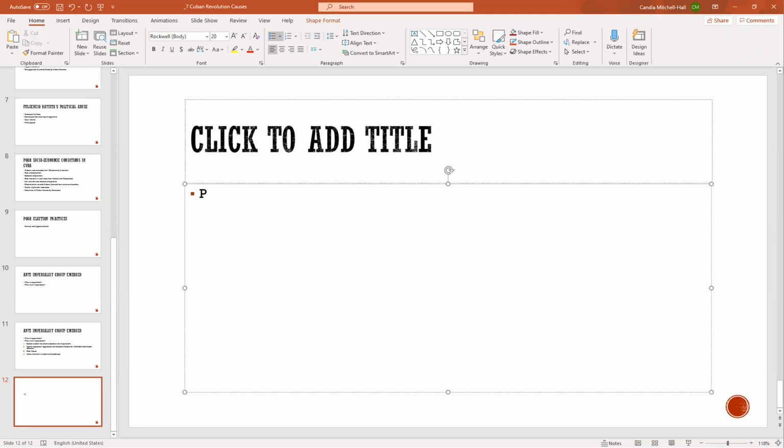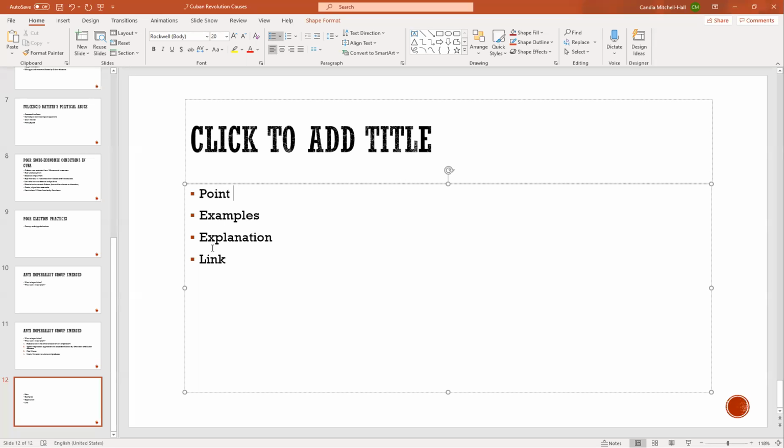So on the PowerPoint, you're going to put the point, and you put what is the point. Then you're going to give the examples, the evidence, not the example. You're going to explain, and then you link it back to the question or link it back to the point. So that is what we call the PEEL approach.